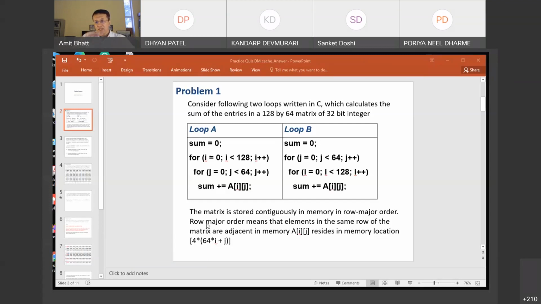That means it is stored row by row. Whereas in old programming languages like Fortran, they were storing the matrix in a column major format. So they were storing data in terms of columns. So now let us see.